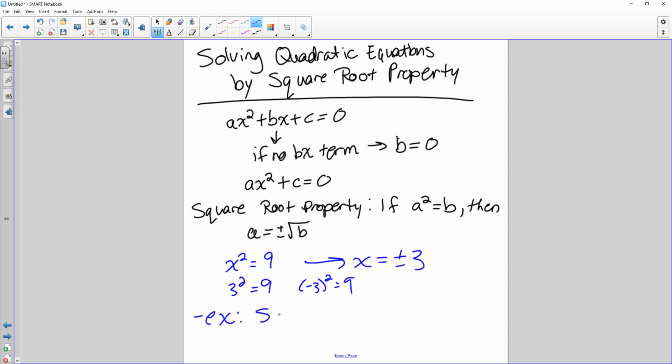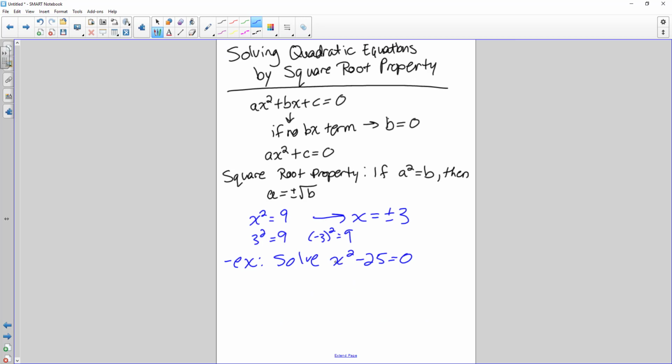Let's say, for example, I want to solve the equation x squared minus 25 equals 0. Here I have something squared and a constant, so it's a quadratic equation, but there is no x term, so I can use the square root property. First I want to make it look like a squared equals b.